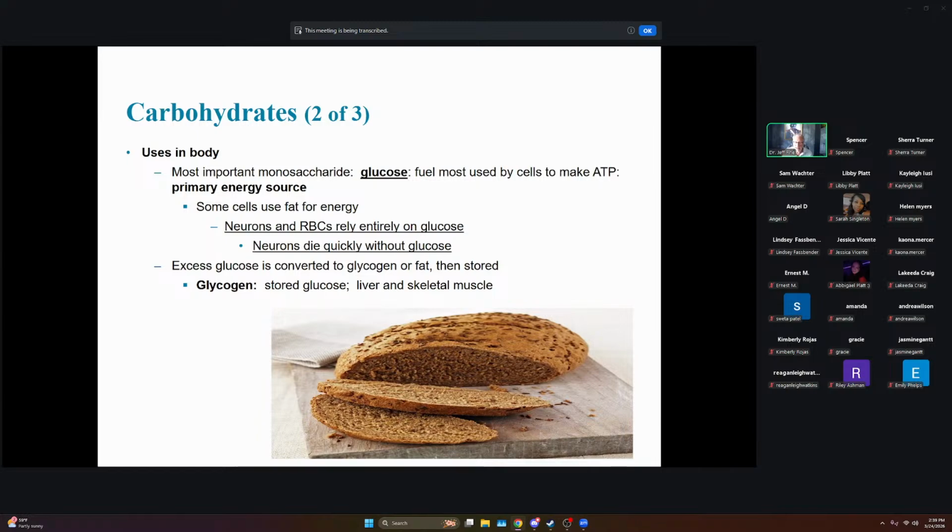That's where we get into our endocrine system and the pancreas, with insulin and glucagon coming in to balance out blood glucose levels.